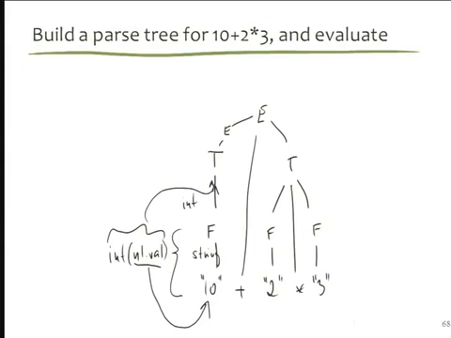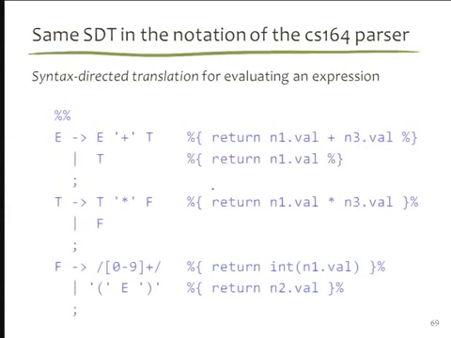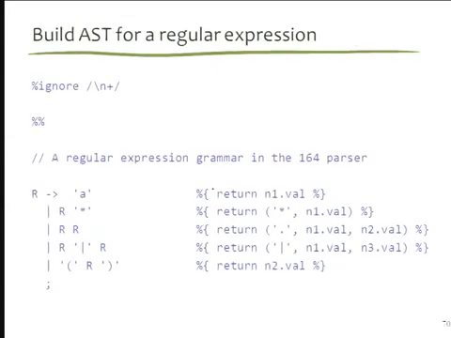Okay? So what you see here is just a description of what rules you apply as you propagate the value up the tree. Here you see a description of a grammar of regular expressions. We do need some precedence declarations here because the grammar is ambiguous. Those are missing. And here we are just building a parse tree, an abstract syntax tree of regular expressions.